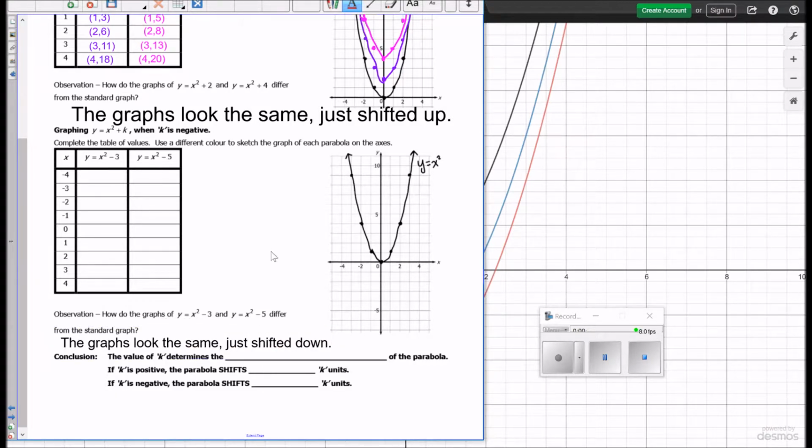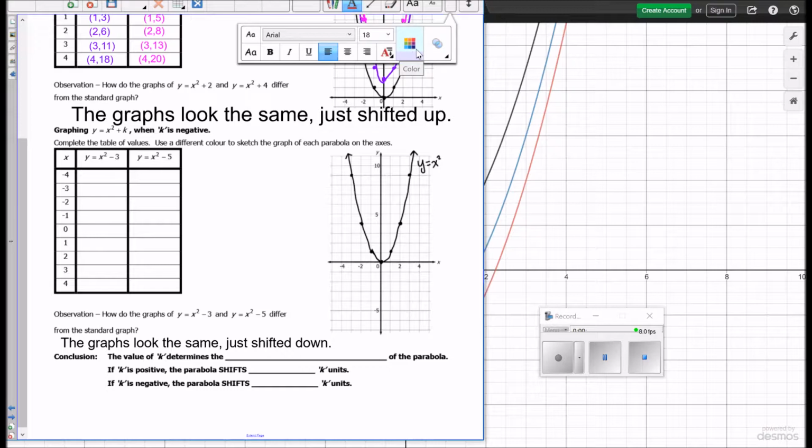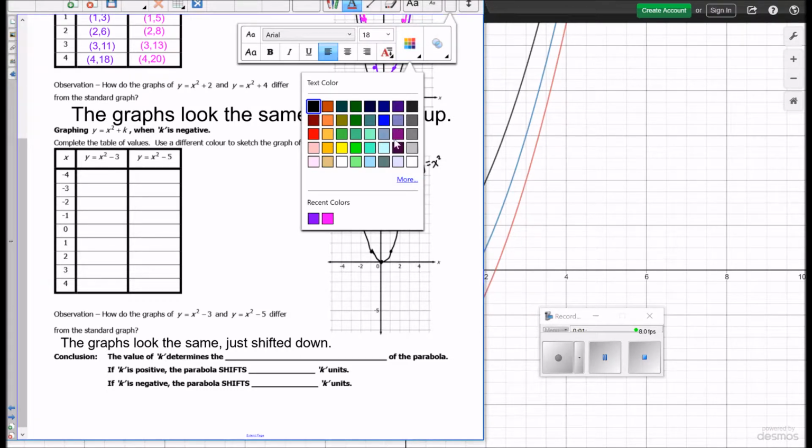Okay, all right, so our conclusion here is that the value of k determines the vertical translation of the parabola. And by translation, I just mean the vertical shift.